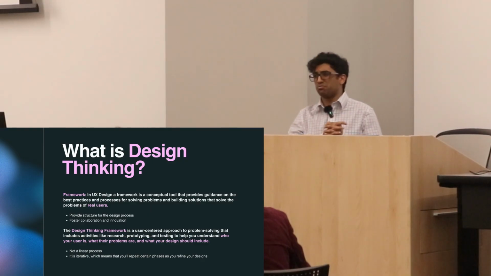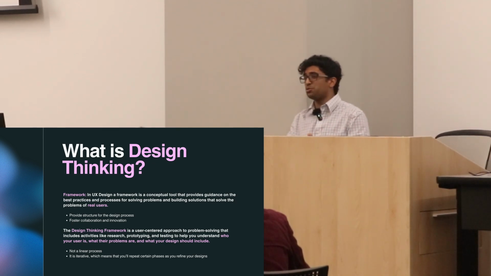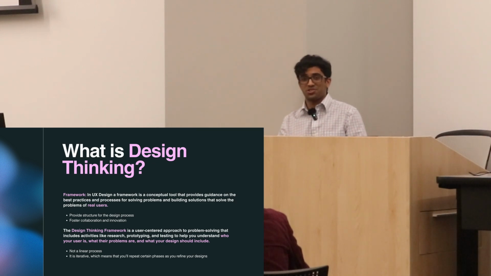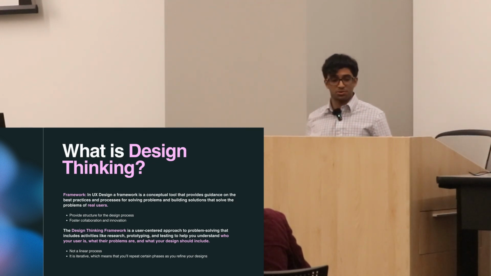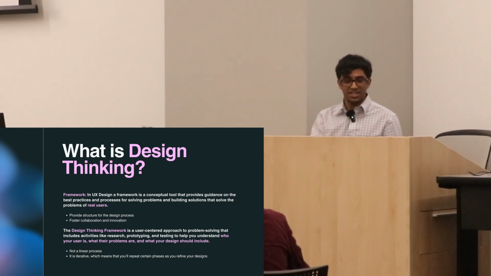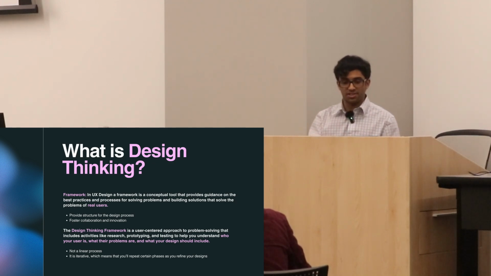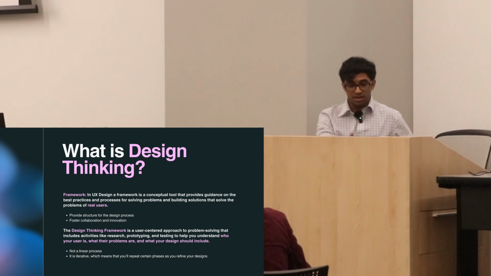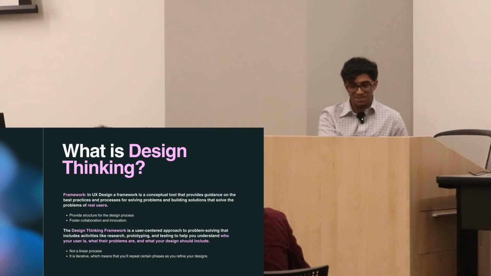So most of what I'm going to be talking about today is design thinking in relation to the design process, which a lot of you UX designers or people getting into UX might have already experienced if you might have taken some UX or UI classes. So yeah, it's a user-centered approach for problem solving that includes activities like research, prototyping, testing, etc. And yeah, this is not a linear process, and I'll get back to that a little later.